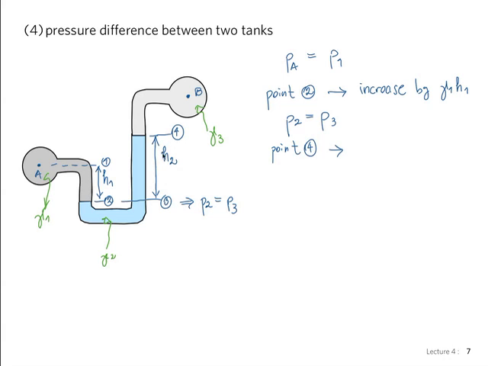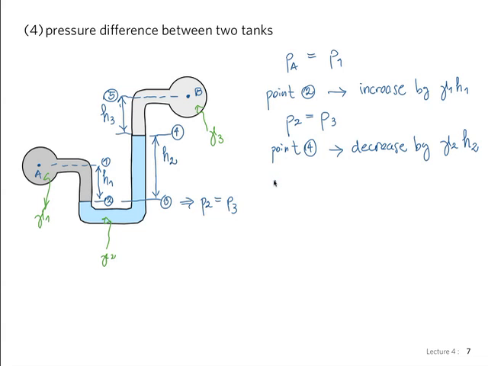Then we need to decrease the pressure because we're going upwards by gamma 2 H2. And then point 5, let's call point 5 right here at the level of B. And we have another height here. Let's call it H3.